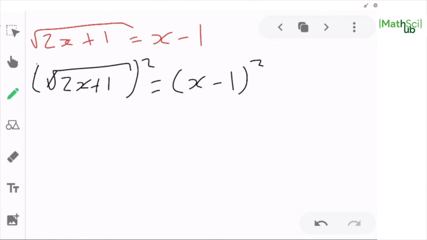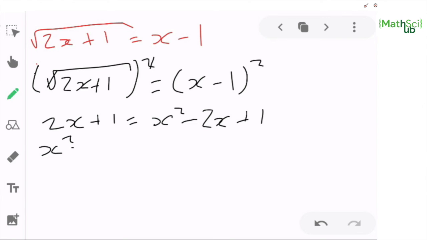Now we get rid of our square root, meaning we are left with 2x plus 1 equals x squared minus 2x plus 1. Let's get this into our standard quadratic form. We are going to have x squared.